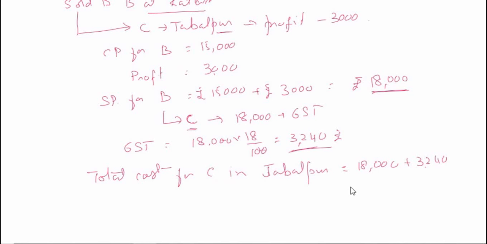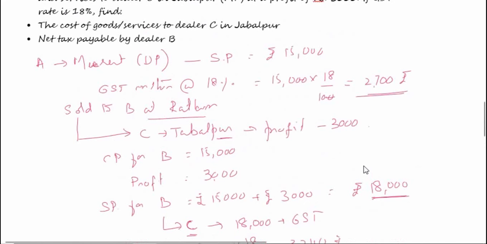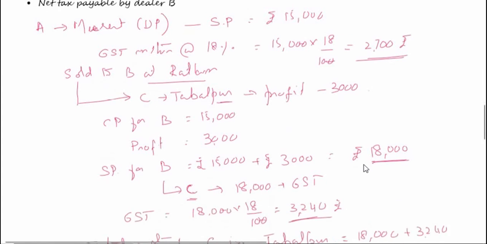So his net cost is 21,240 rupees. This is the cost of goods and services to dealer C.